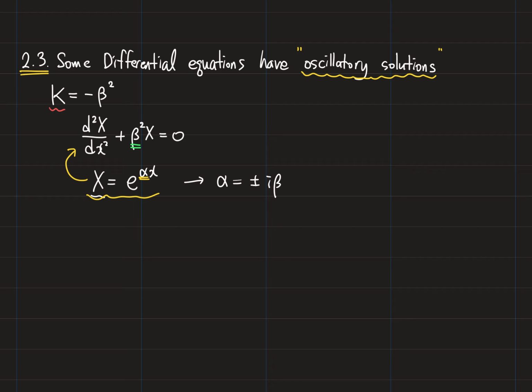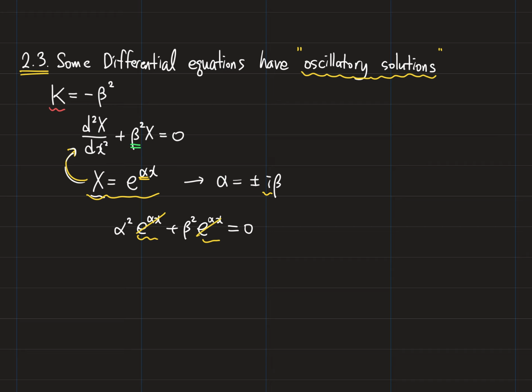So now we have this weird notation i. That is because when we plug this in, we will have alpha squared exponential alpha x plus beta squared exponential alpha x equals 0. The exponential function can never be 0, right? It approaches 0, but it never becomes 0.